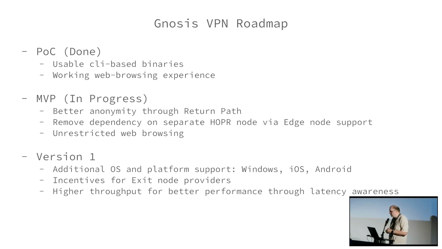So what we need to do to make it a minimum viable product, and that's the work we are in right now, is we have to improve or even further improve anonymity through, for instance, return path, but also other measures. So that communication over GnosisVPN becomes even more private. We have to remove the dependency, and this is a big one, for a separate HOPR node.